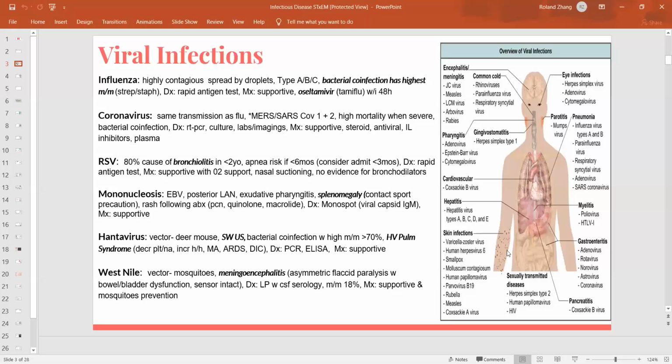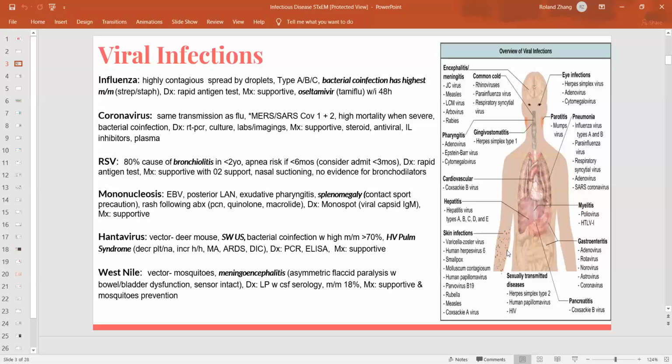So hantavirus, not as common, but it's more prevalent in the southwest area of the U.S., and it's because of the deer mouse vector. Bacterial co-infection also causes high morbidity and mortality, greater than 70% or 80%, and it causes what we call hantavirus pulmonary syndrome.